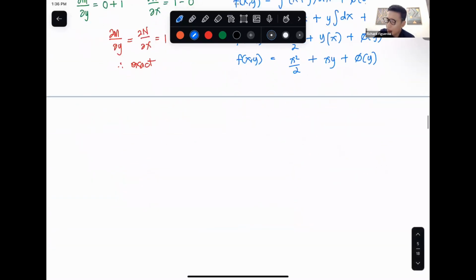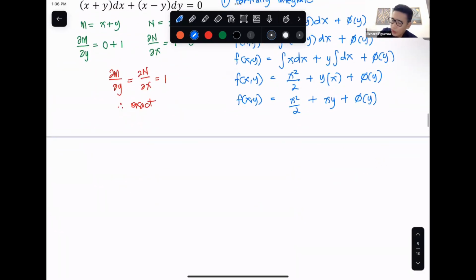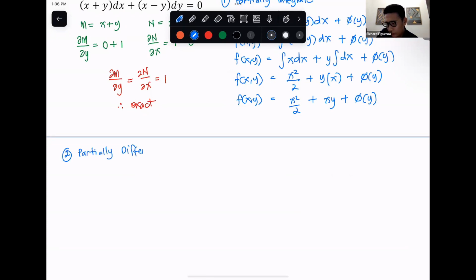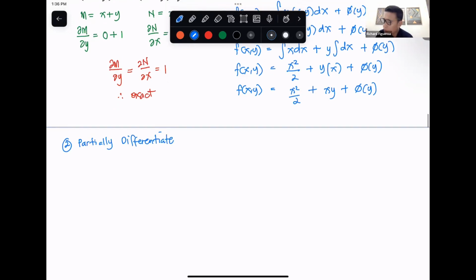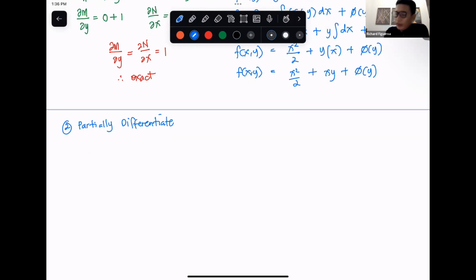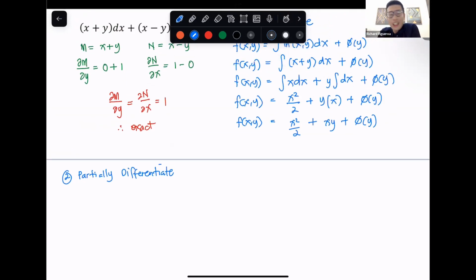Partially integrate. Our second step, partially differentiate. So, ano yung di-differentiate natin? Yung kanina kasi nag-i-integrate tayo with respect to x.